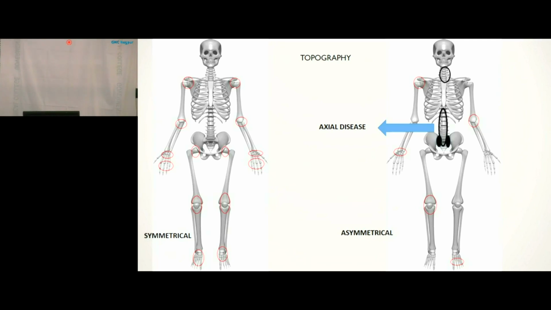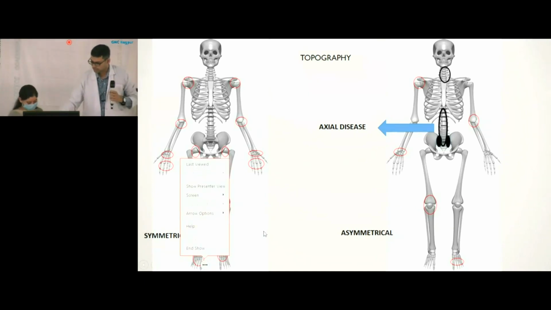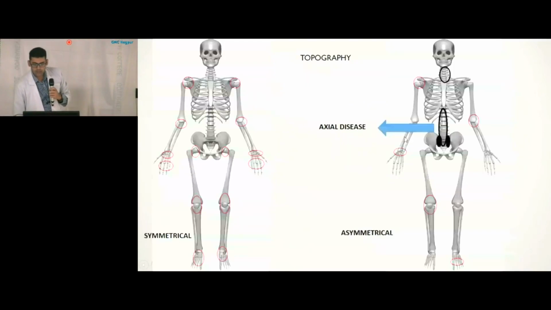So the axial skeleton, I think everything is visible to them. Over here, the sacroiliac joint and vertebral joint involvement in axial spondyloarthritis.